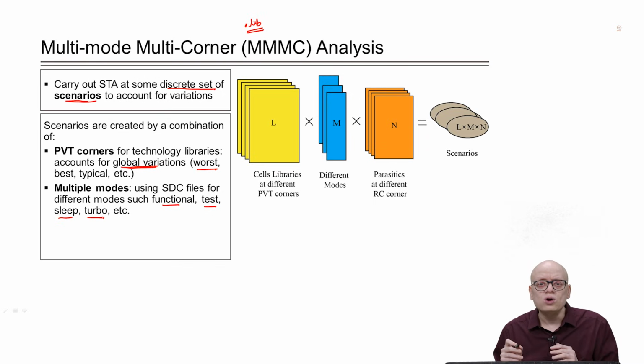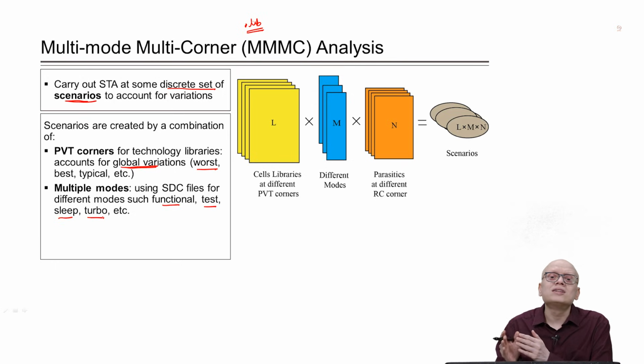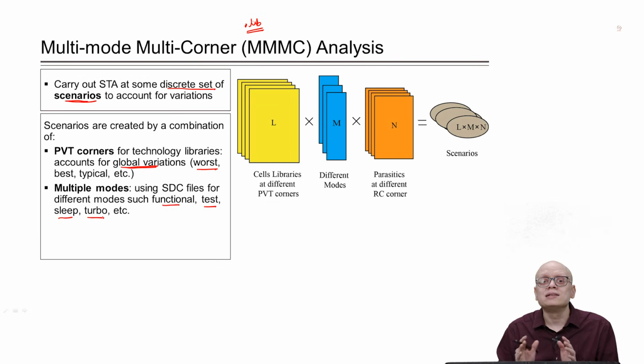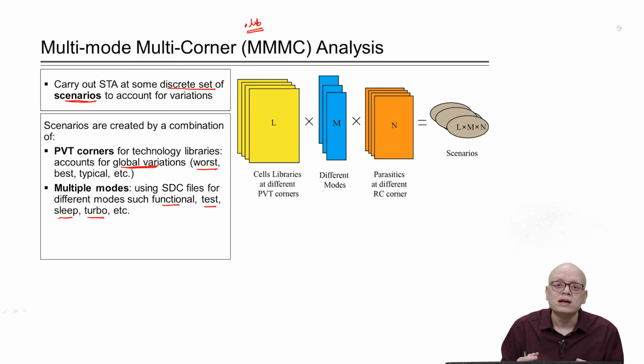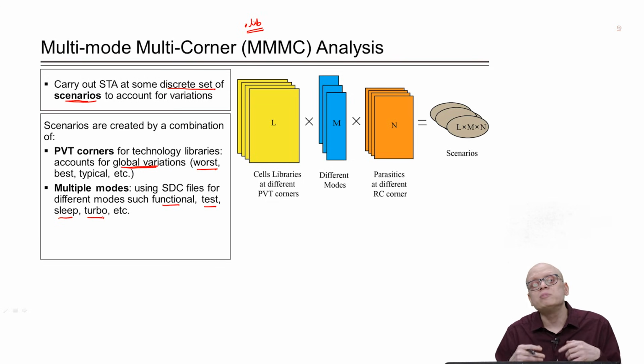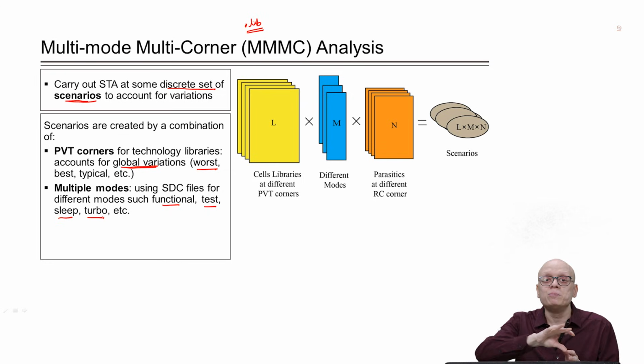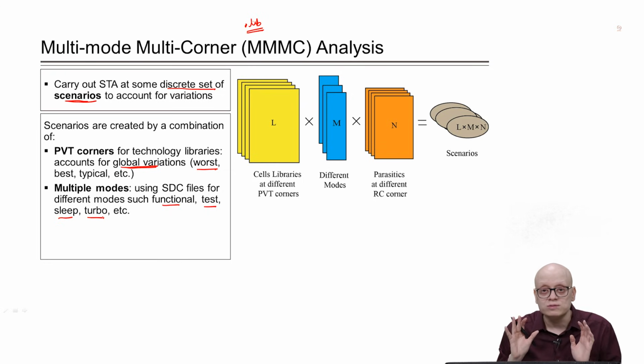In these different modes, what are the basic differences? The differences will be with respect to, say, the clock frequency. The clock frequency in the turbo mode will be the maximum, and in the sleep mode it will be minimum, or some controlling signal will be taking some value. For example, in the sleep mode there will be some signal called sleep which will be high, which will make most of our circuit switched off.